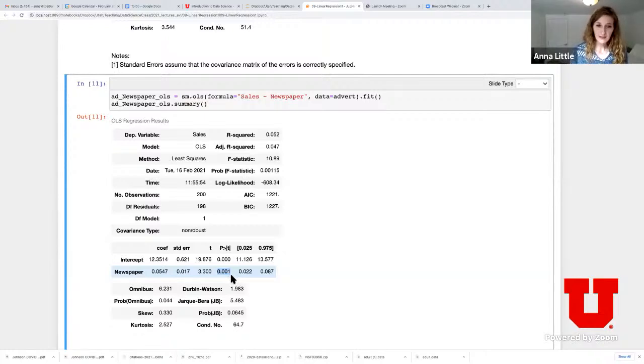So that's kind of interesting, especially with a large sample size. You can get a significant relationship even with a very, very weak association, right? This is only accounting for 5% of the variance in sales. So don't overestimate the usefulness of getting a significant p-value. It may still not be a super useful predictor.